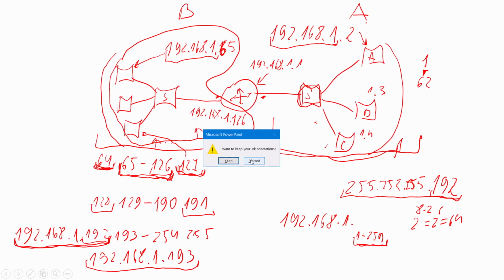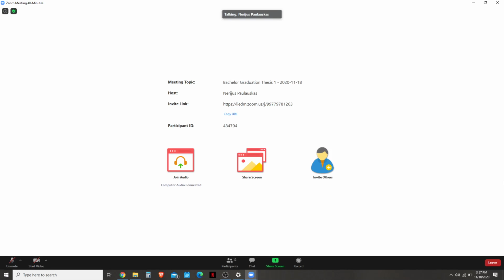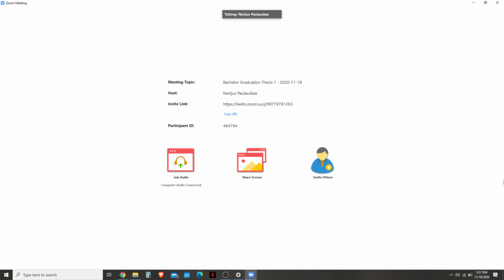Okay, so the task for the next part of the second laboratory is to finalize all tasks. I will share the description of the laboratories. Okay, here.